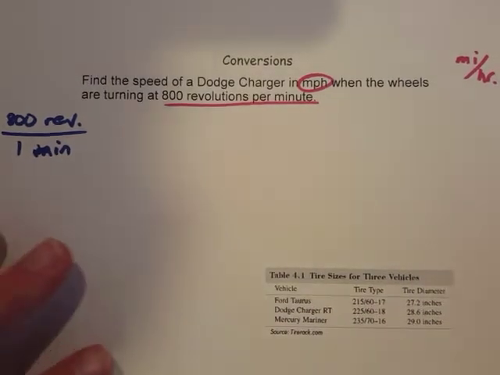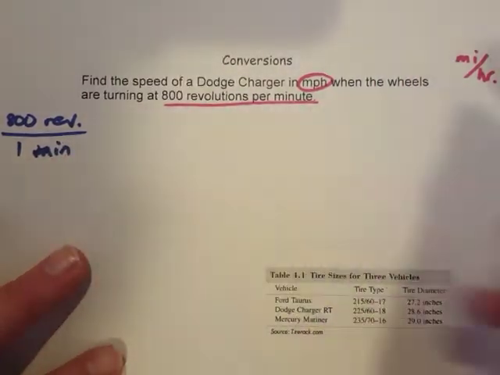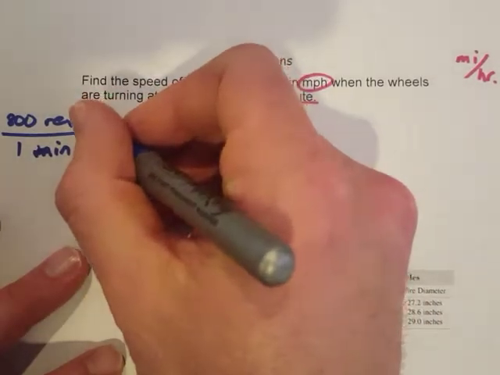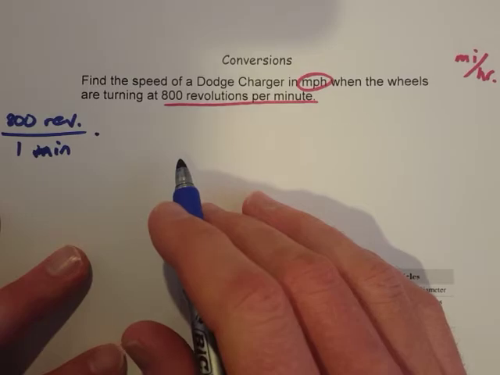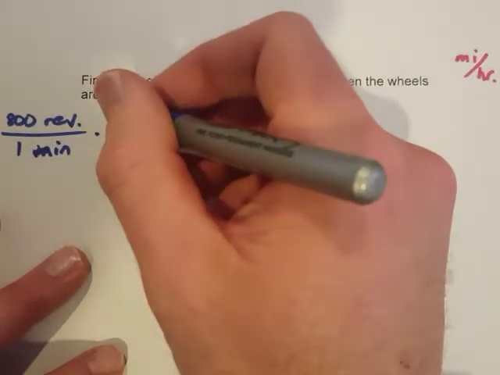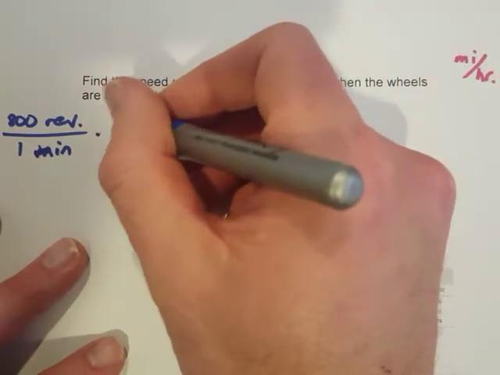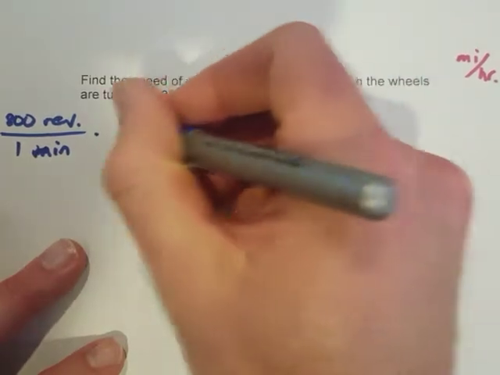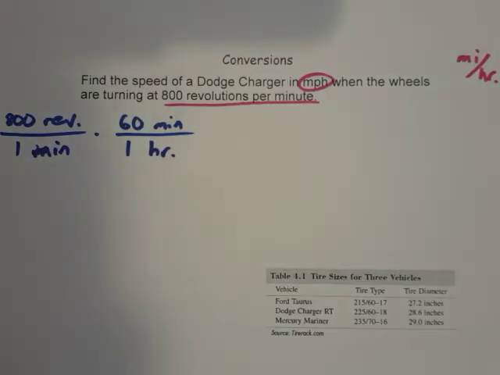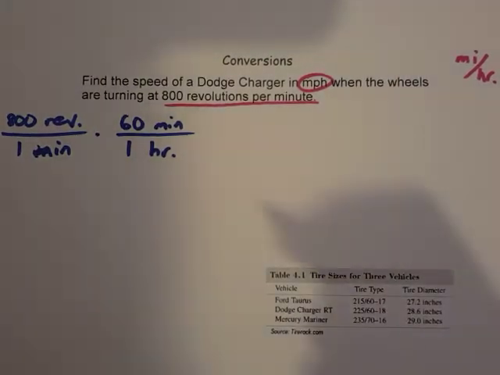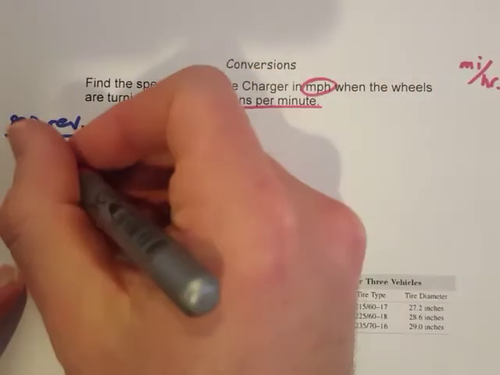Like the last example, I'm going to start with the easier unit to work with, and that is minutes. So I'm going to introduce the fraction to get rid of minutes. Maybe I'll turn minutes into hours here. So that will mean 60 minutes divided by 1 hour. And again, I just want to make sure that one of my minutes is on top and one of them is on the bottom so that they can cancel out.